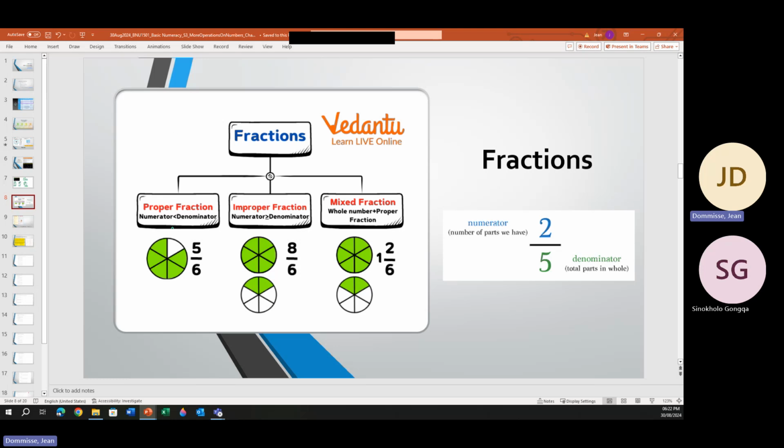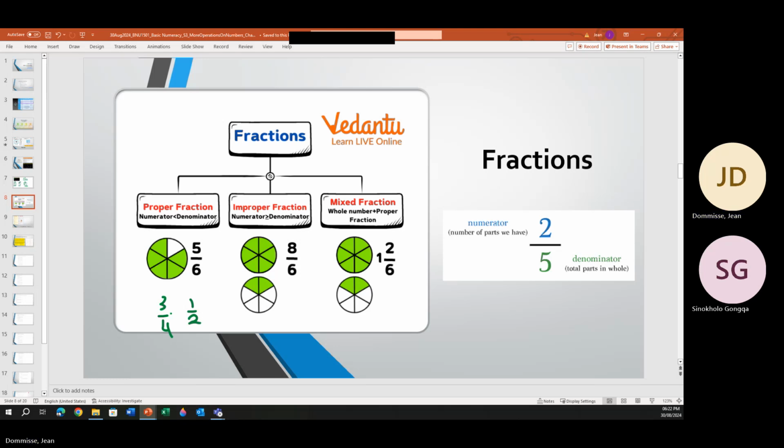So the proper fraction is, like they say here, where the numerator is smaller than the denominator. So 5/6, 3/4, 1/2, those are all proper fractions.